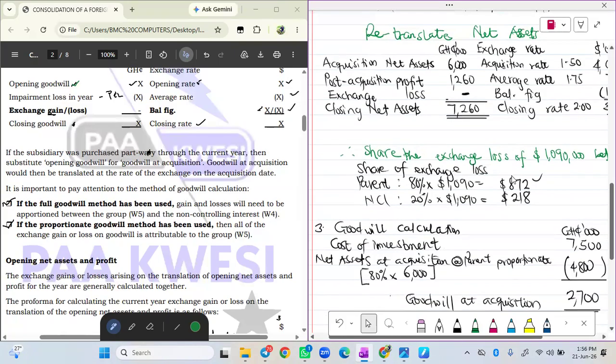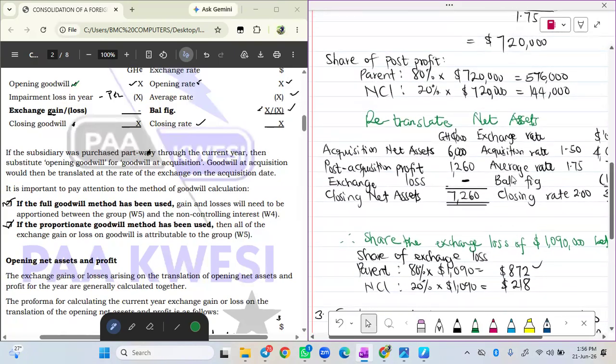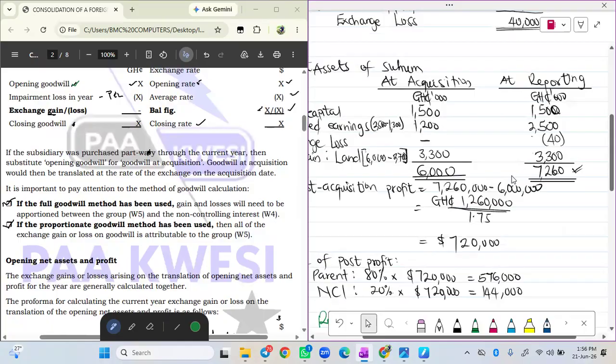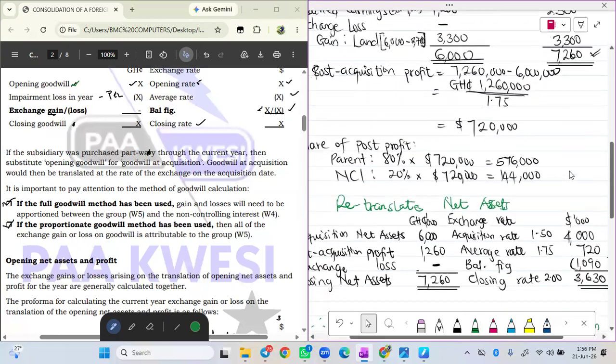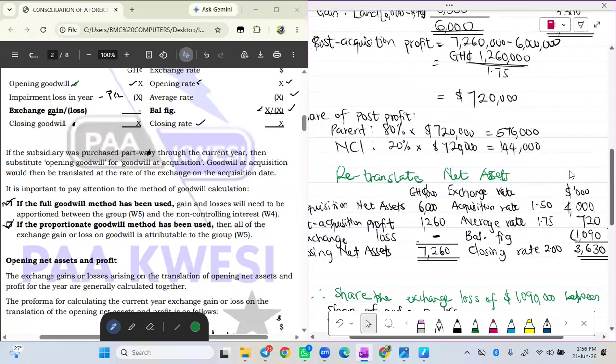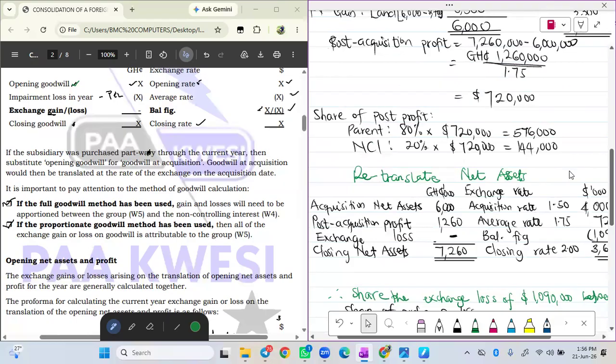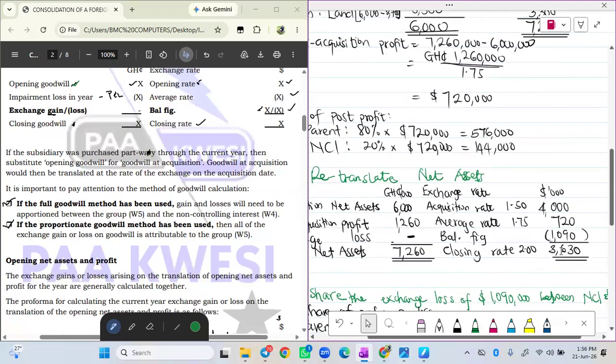If you are picking the net asset at reporting, please don't pick the subsidiary's functional currency. Remember, you've retranslated it to the parent currency. That one was closing net asset. You retranslated and you got what? 3630. So this 3630 is in what? Dollars, or the group's presentational currency.